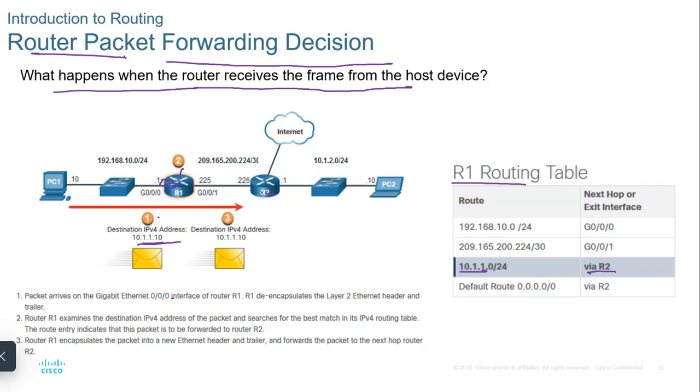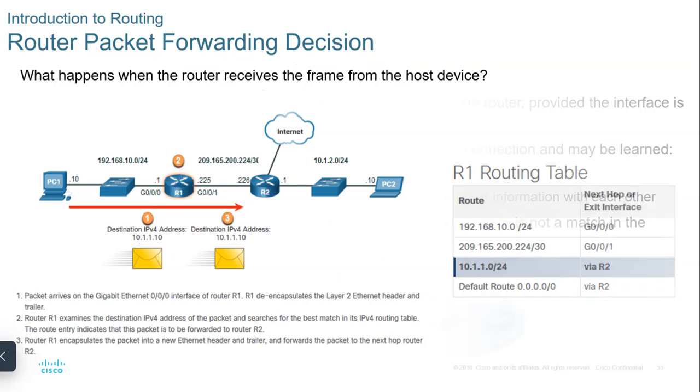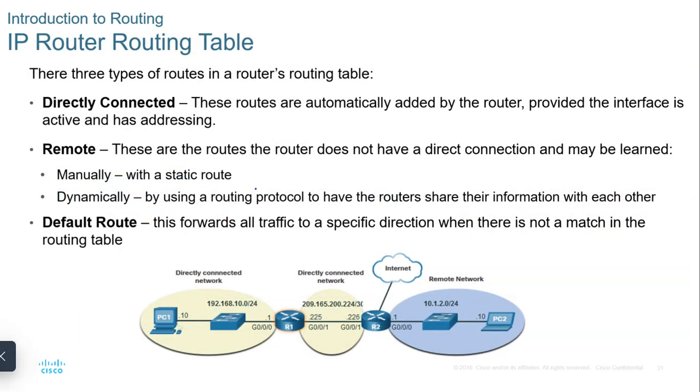Once router 1 gets that information, it encapsulates the packet into a new Ethernet header, with a new source MAC address and destination MAC address, and then forwards it to router 2. Router 2 will do the same until it reaches the destination.